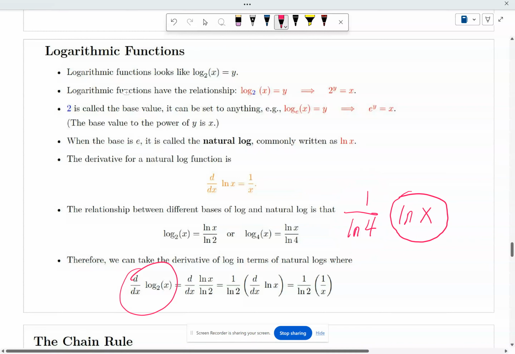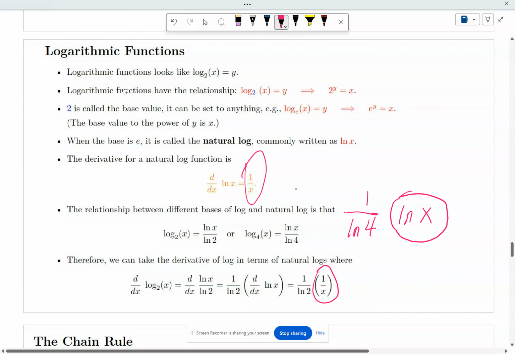So over here, this is equivalent to taking the derivative of the natural log of x divided by the natural log of 2. And we can move the natural log of 2 outside and move the derivative inside. So notice how the derivative is only taking the natural log of x. The derivative of this, we just learned, is 1 over x.